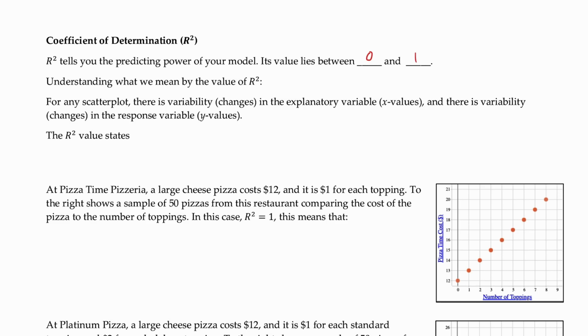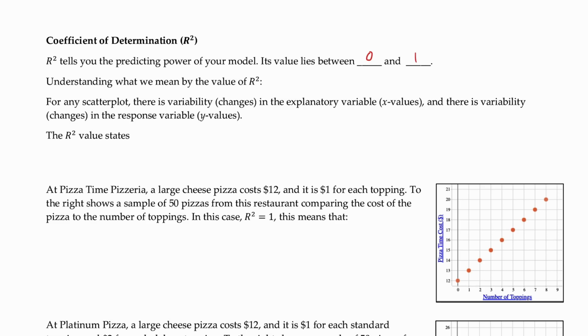There's a way to actually interpret what's going on here, and it has to do with variability, okay? So in any scatter plot, there's going to be variability, changes in your explanatory variable when there's variability in your response variable. So the x's change and the y's change, and they're more or less changing with each other in some sort of overall fashion, okay? So the way we interpret an r squared value, I'm going to talk about it really out of context right now, and then we'll bring it back into context.